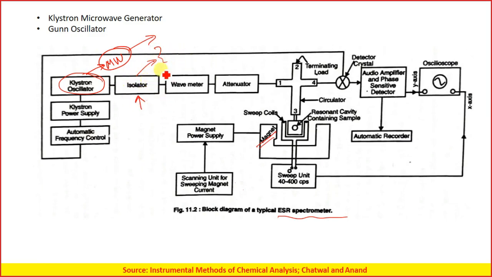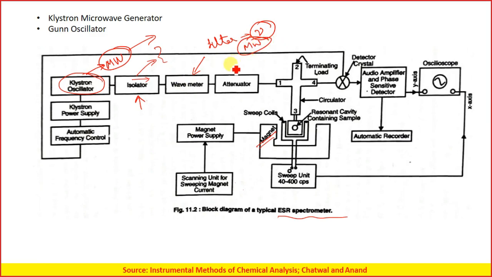As soon as these microwaves move through the isolator, they move into the wave meter. This wave meter is basically a filter, and it only helps in the passing of a particular frequency of microwave radiation through it.